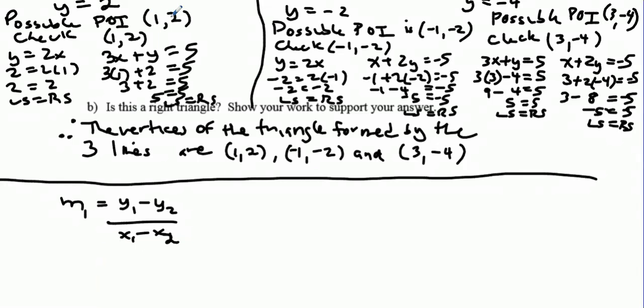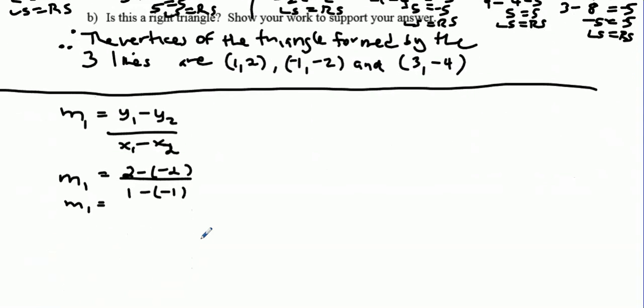It just means if you start with this y, then when you go to do the x, you've got to have this x in the same starting position. All right, so m1 equals this one minus this one in the y's would be 2 minus negative 2 over 1 minus negative 1. And that's going to equal 2 plus 2, which is 4, over 1 plus 1, which is 2. So the slope is 2.